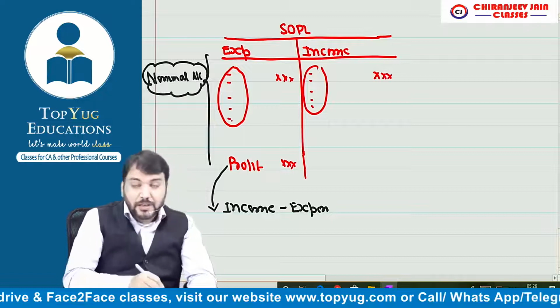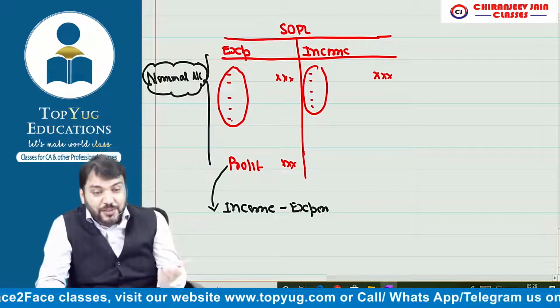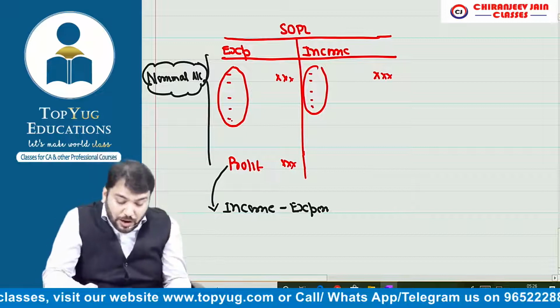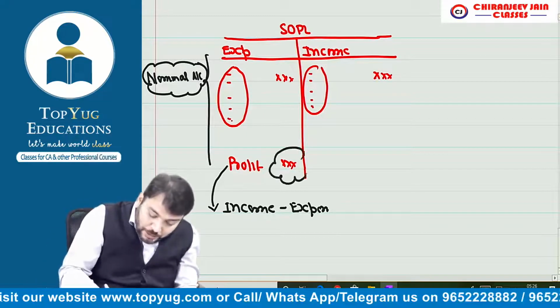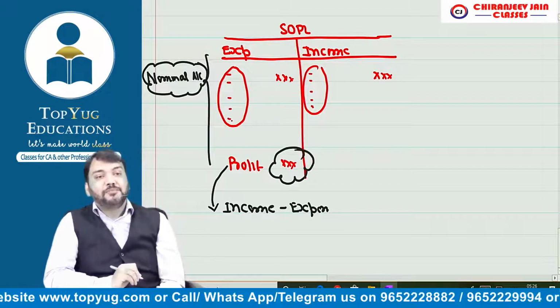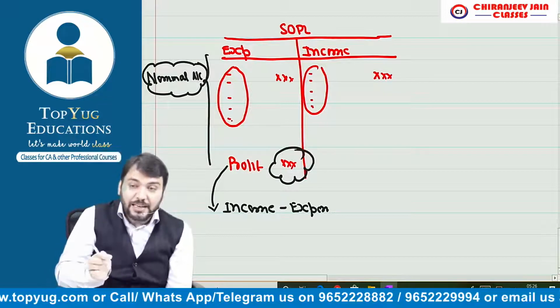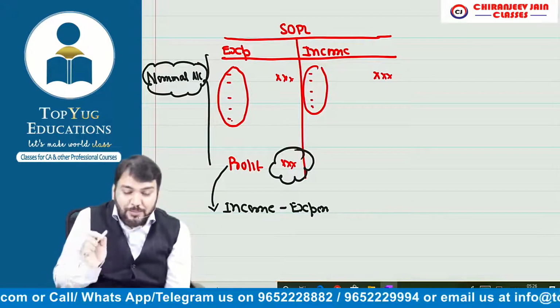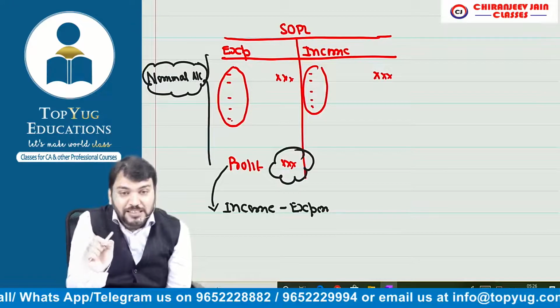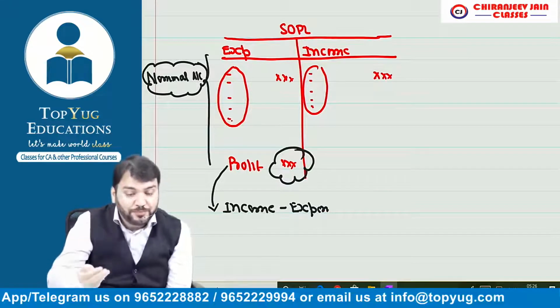So can I say why we are doing business? To earn profit only. Are you getting what I am saying? To earn profit. Correct? So my question to you all, everyone just try to understand. Business is earning profit for whom?